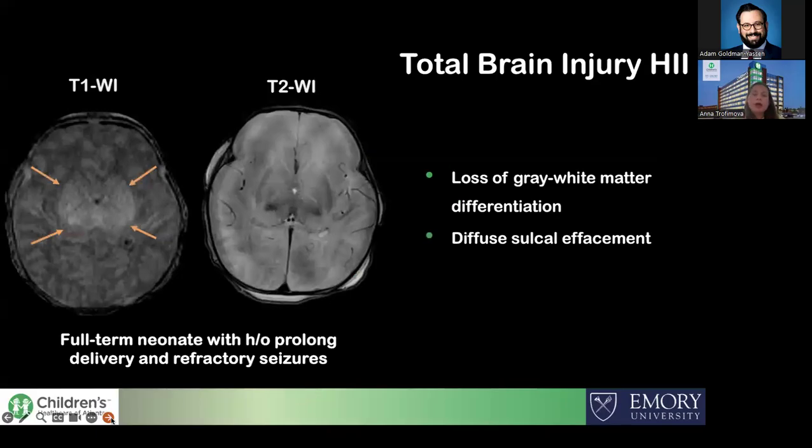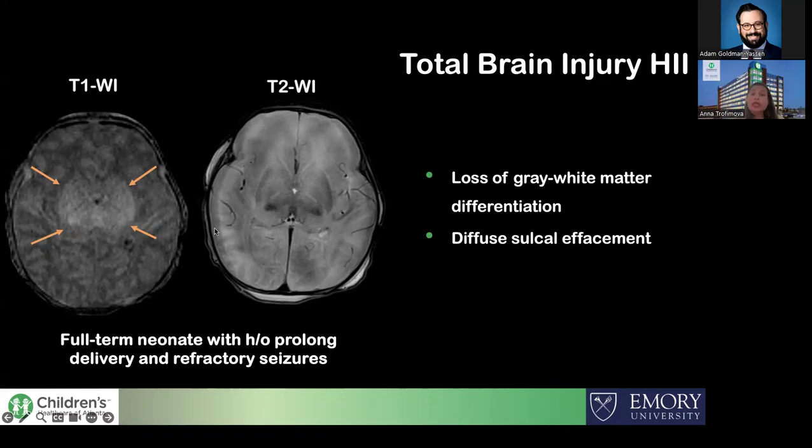In this pattern of hypoxic ischemic injury, aside from findings on DWI, on T1 and T2 weighted images we're going to see loss of gray-white matter differentiation and really diffuse effacement of CSF spaces, like in this example, where on T1 weighted images we can see this abnormal diffuse T1 intrinsic hyperintense signal within the basal ganglia, and both T1 and T2 show really loss of any gray-white matter differentiation.